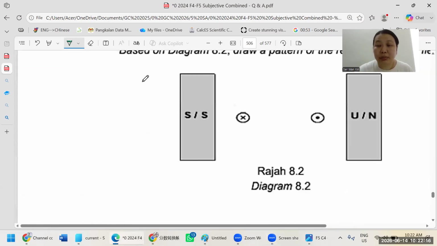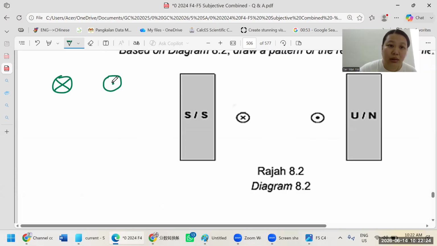And last time we remember, right? Which one is clockwise and which one is anti-clockwise? This is a cross, and this is a dot.